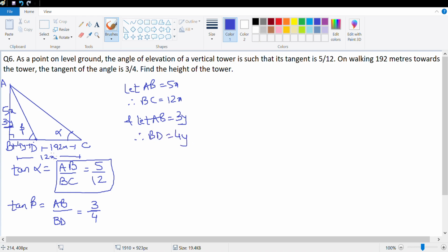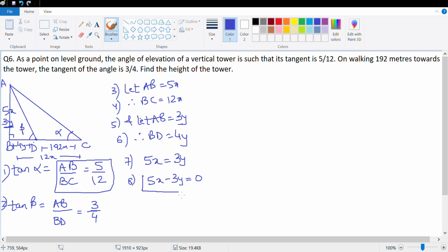Now we know that AB and AB are equal, which means 5x and 3y are equal, which means 5x is equal to 3y. Let's write this as 5x minus 3y is equal to 0. Let's give them some numbers so that's easier for us to refer to them again. So this is 3, 4, 5, 6, 7 and 8.